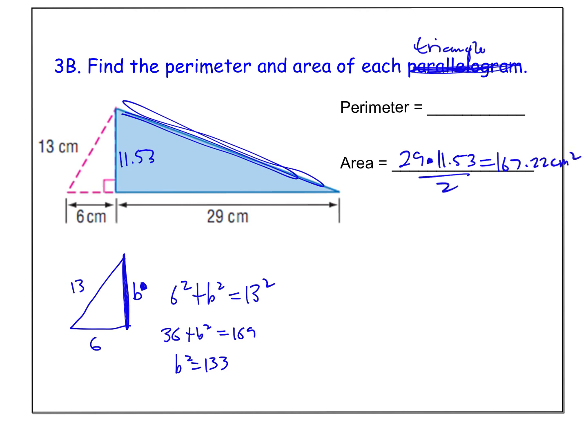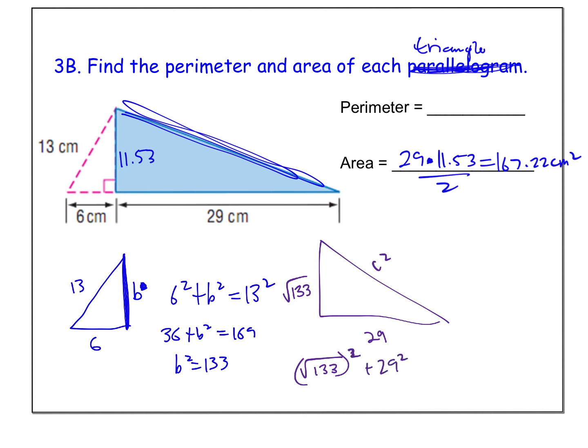Now, to figure out my perimeter, I've got 29, and this is actually the square root of 133, and I'll show you why I do that in a second, is c squared. So now that's the square root of 133 squared plus 29 squared equals c squared. I do this because if I take the square root and the square, they cancel each other out, and I'm just left with 133.